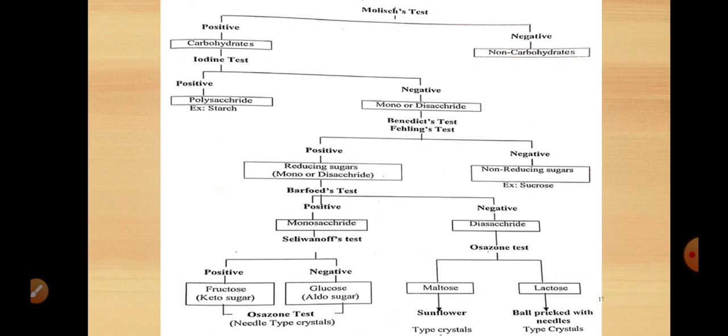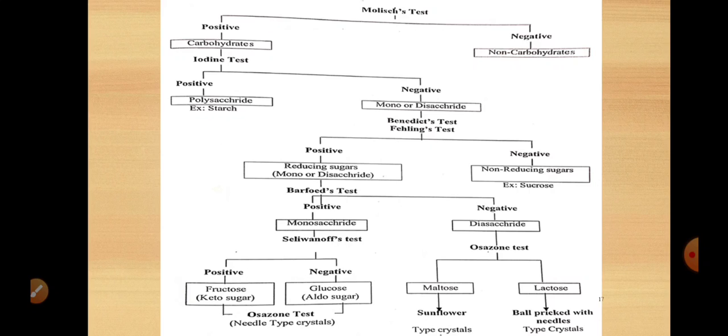I gave you in brief the principle associated, the composition of the different reagents used in that specific test, followed by the procedure, observation and inference that we get from that particular test.